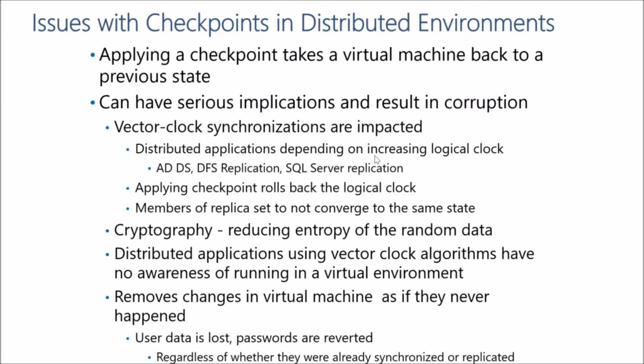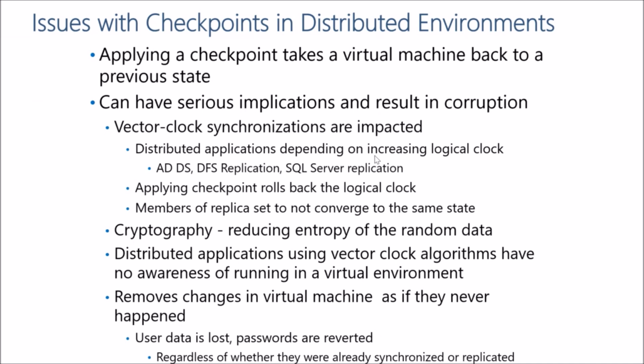Distributed applications depend on this logical clock: Active Directory Domain Services, DFS replication, SQL replication. Applying checkpoints rolls back that logical clock, but members of the replica set must converge at the same state. So if they're not at the same state, who's right?